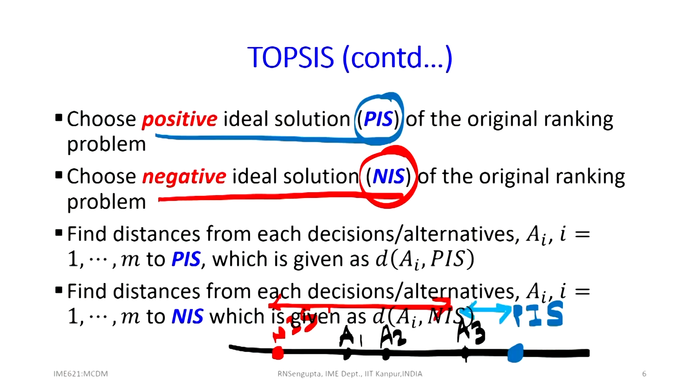So, the distance functions to be utilized in order to find the distance of A1, A2, A3 respectively from the PIS and from NIS depend on what distance function you are going to use. If you remember, we did mention the concept of utility which will come within.